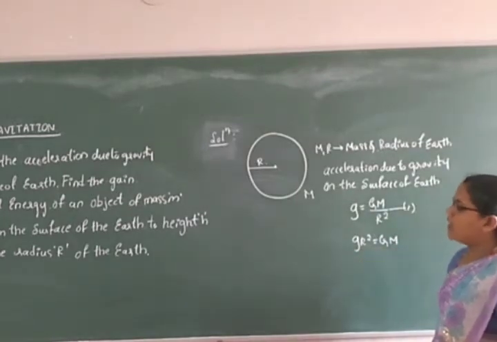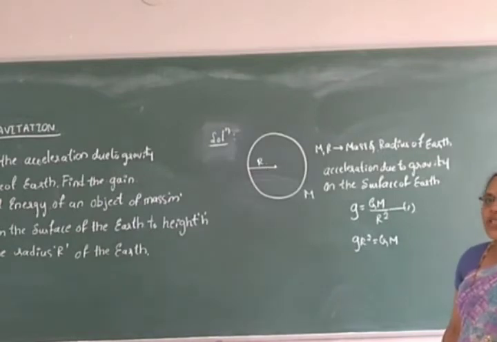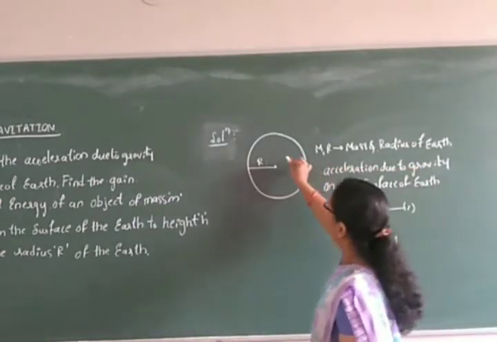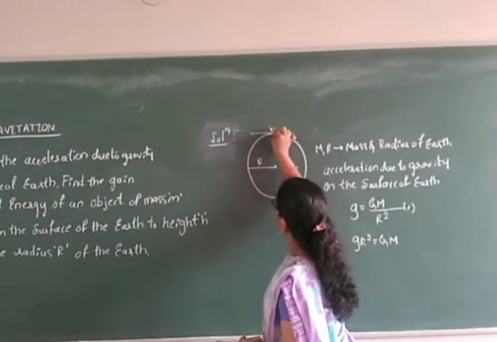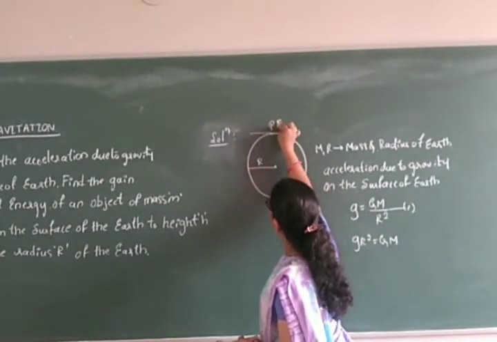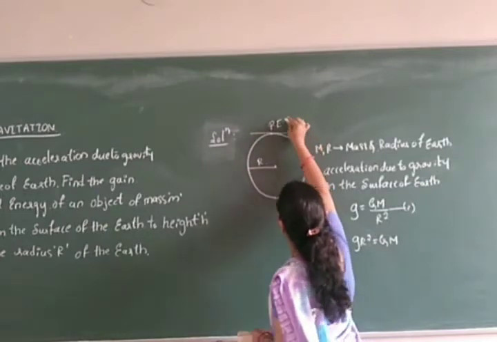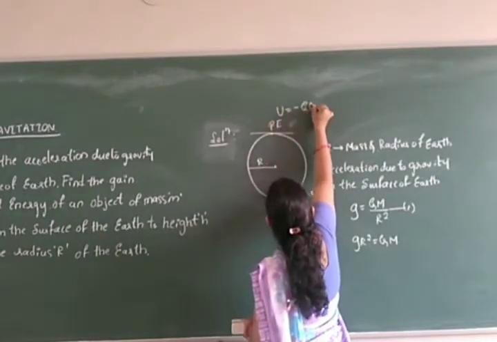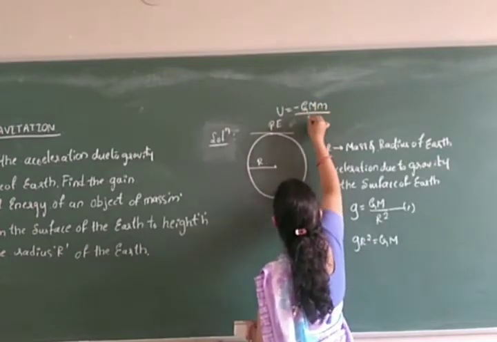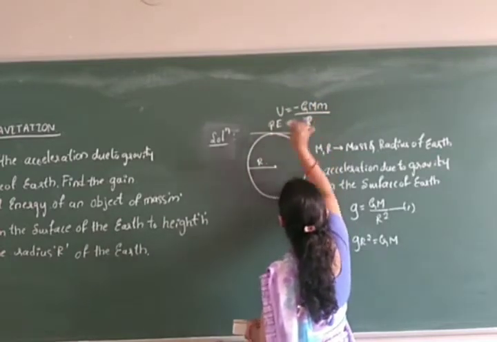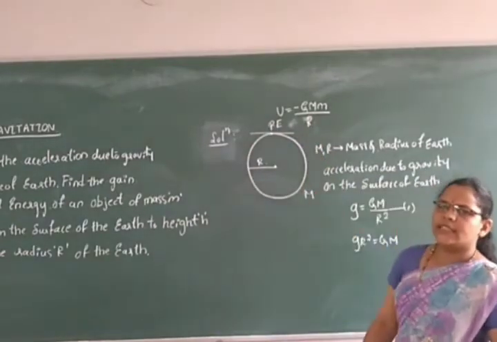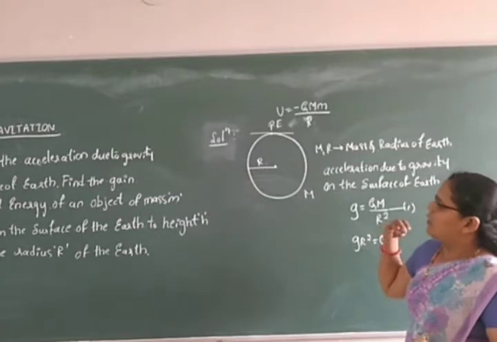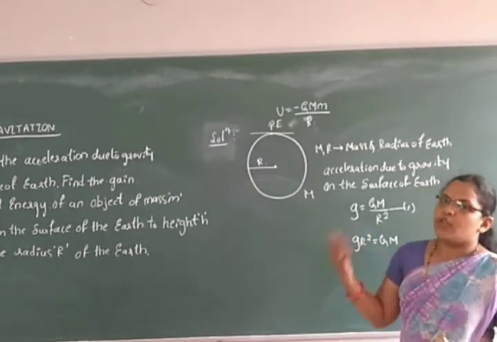As we know, the potential energy of the object on the surface of the earth. If it is on the surface of the earth, at this point, what is the potential energy? We'll take it as U. That is nothing but minus G capital M small m by R. This was already discussed in the previous classes, the potential energy of a particle on the surface of the earth and above the surface of the earth.